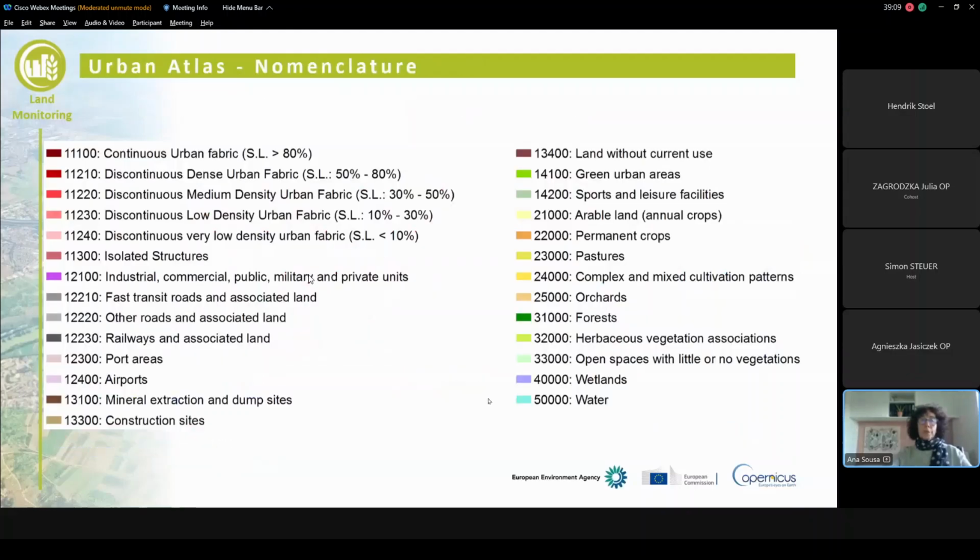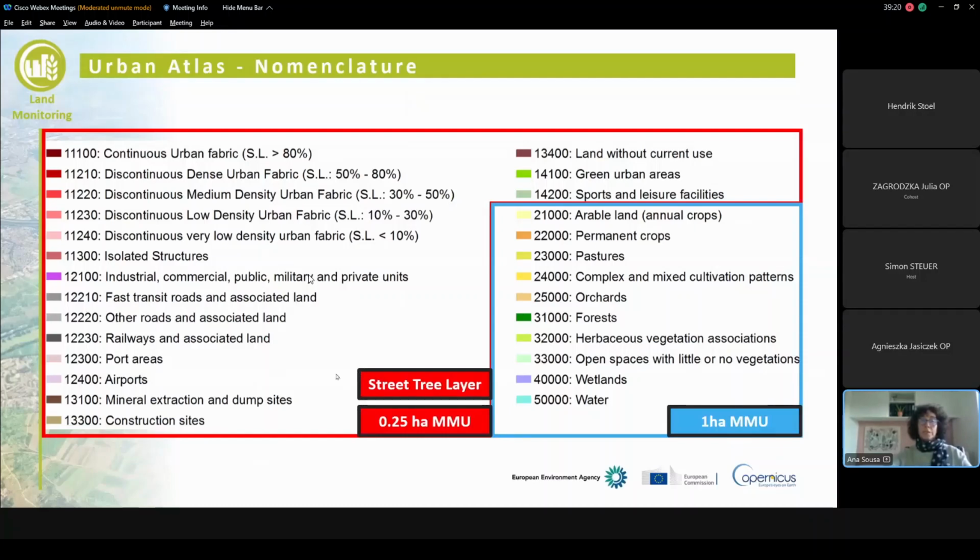Now, moving to the nomenclature. And as I mentioned before, there is a total of 27 classes. And at the most aggregated level, we have the artificial classes, which are the most important ones for this product. They are the more detailed, and that you can see here inside the red box. And then we have the blue box, with the agricultural classes, natural and semi-natural areas, wetlands, and water features.